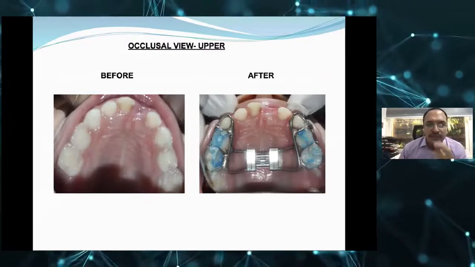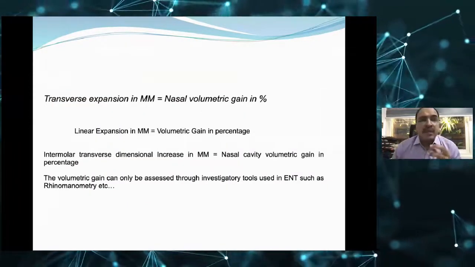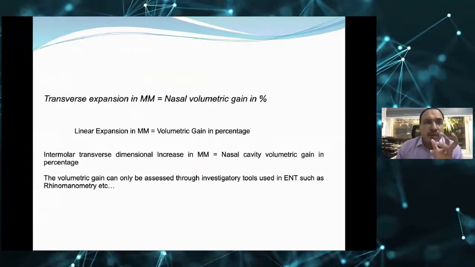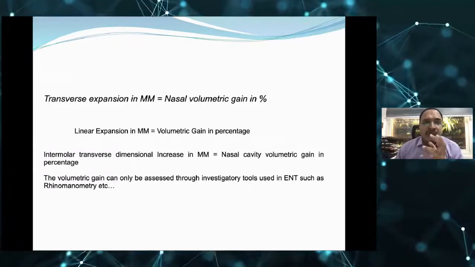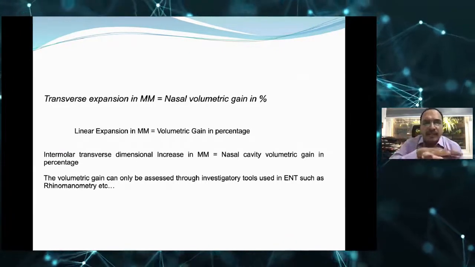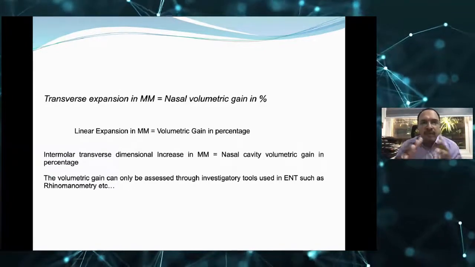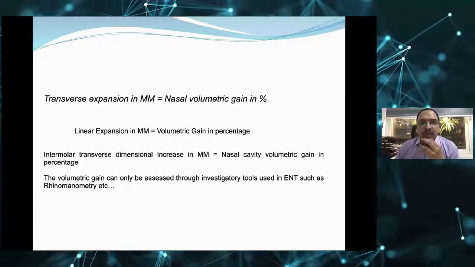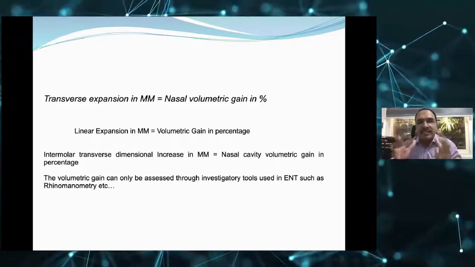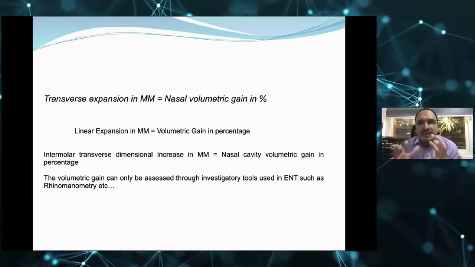These are pictures of patients who have undergone maxillary expansion. What exactly happens? We are looking at 2 mm or 4 mm of expansion. At the bony level, the nasal cavity and sinus are considered like an air cavity. Suppose we do about 4 mm of expansion: we are looking at a cylinder getting expanded.